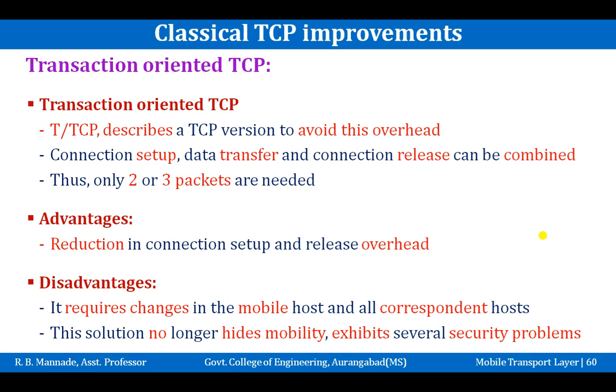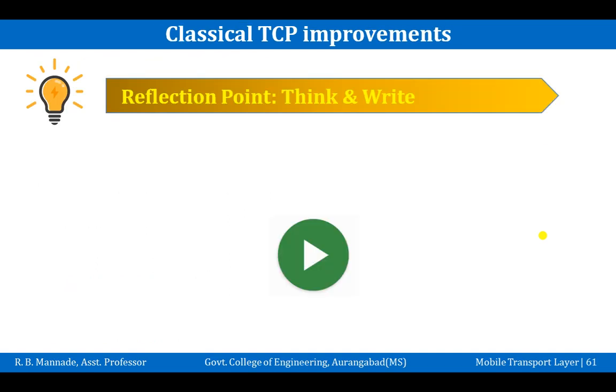This approach also exhibits several security problems that should be avoided for proper functioning. So this was about transaction oriented TCP, and this was the last enhancement to the TCP protocol.